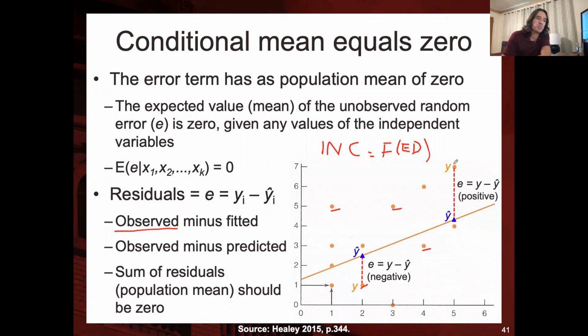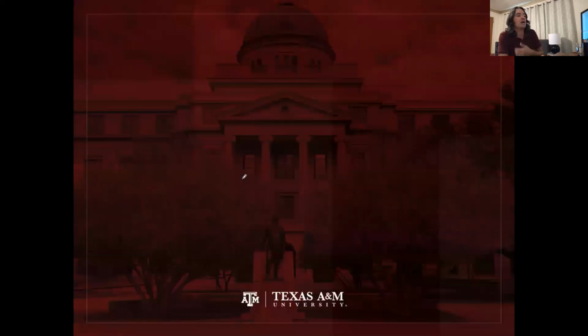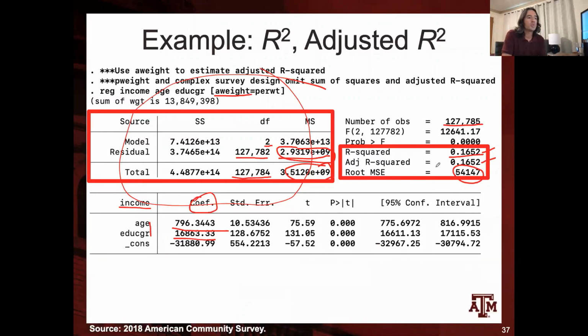Overall, we are going to have positive residuals and negative residuals. And we expect that when we sum all of these residuals, they will tend to be close to zero. That's the overall idea, right? And that's why we would expect this number here to be closer to zero.